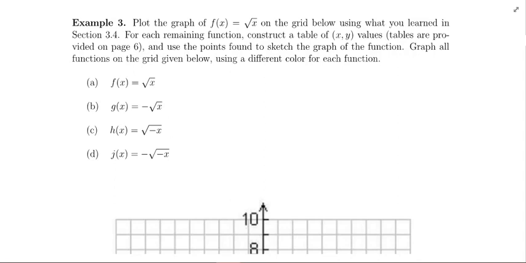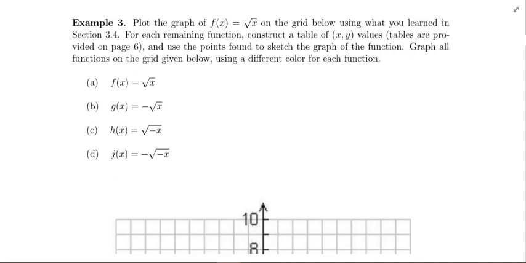All right, so this is very similar to what we did in example 1. We are going to be taking one of the basic functions that we learned in section 3.4 and graph it, and then we're going to make a table of values for other functions that involve that basic function, and we're going to plot all of these graphs on the same grid to discover more transformation rules.